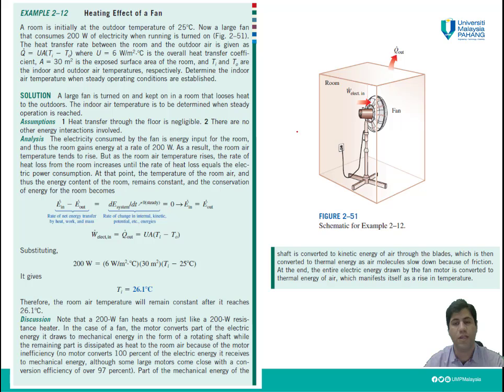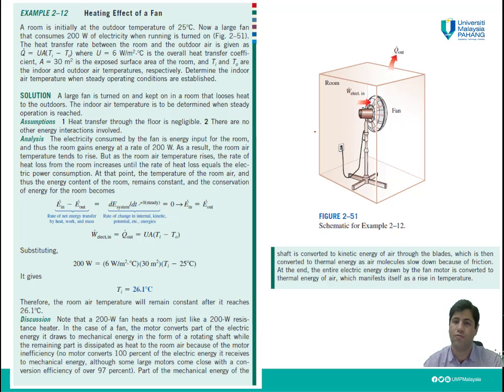But we will see in this example that it is not enough if we just put a fan inside the house. The changes in the temperature inside the house by using a fan depend on some other factors as well. We'll see what those factors will be.